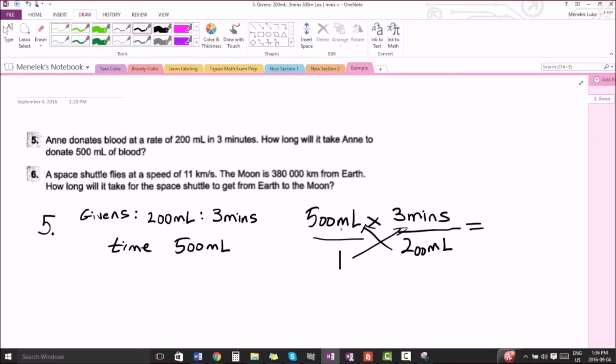So our milliliters on the 500 will be canceled out by the milliliters on the 200. Okay? So our next step would look like 1500 over 200. Sorry, 1500 minutes over 200.